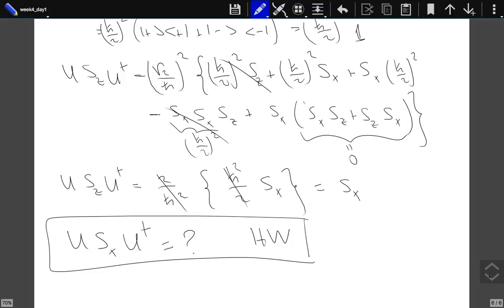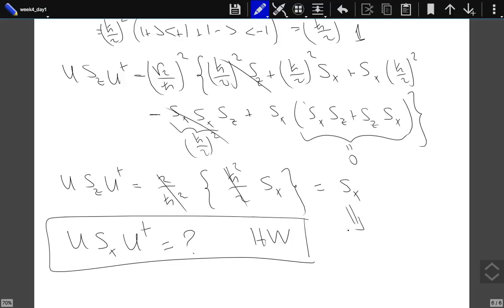That is because we are using the U that maps Sz to Sx. Here we had proven that Sx and Sz are unitarily equivalent. That basically means there is a U such that it will map Sz to Sx. But the other way around is also true. There is a unitary operator that would map Sx to Sz, but that will be a different U, not this U. It will basically be U dagger.